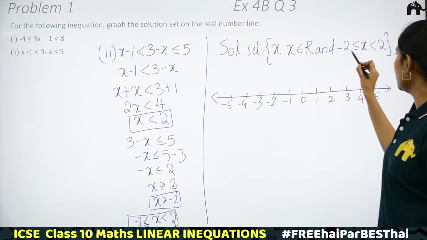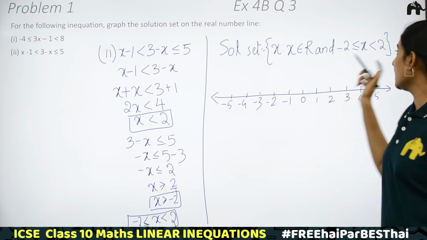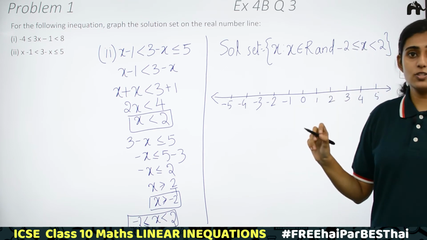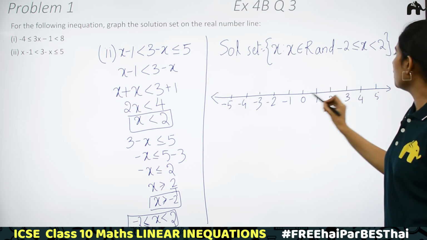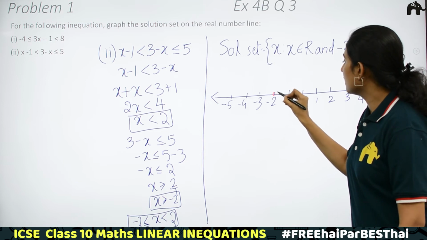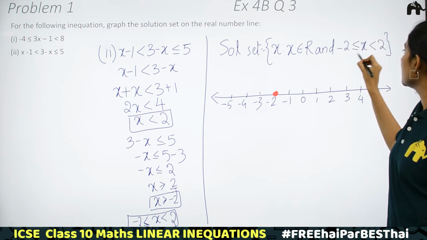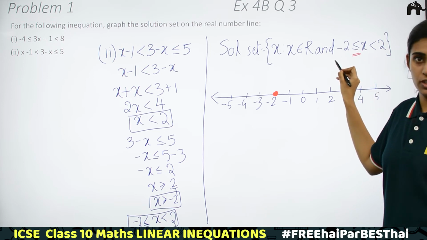The first condition, that is minus 2 less than or equal to x, which means here we have to use the darken. Find the point minus 2. We have minus 2 here. Using the darkened circle because it is less than or equal to.